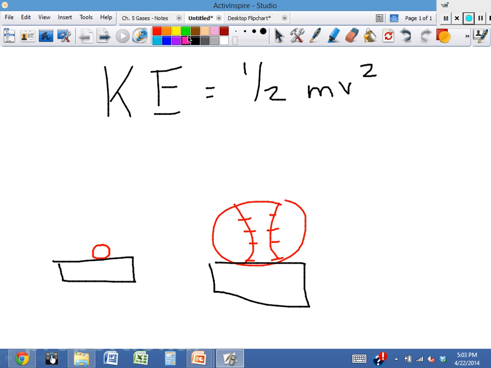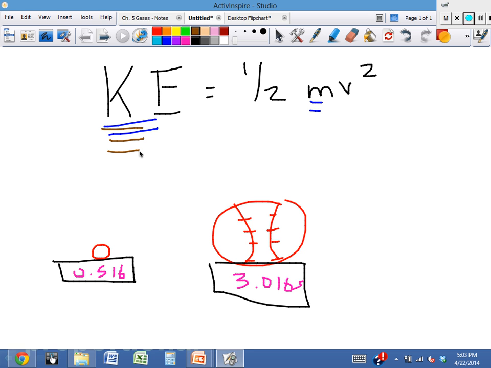And let's just say for fun that your baseball is 3 pounds. And again, I'm making things up. And your ping pong ball is 1/2 pound. We could agree that this is a decent approximation. So based on this formula, so far, our m value, our mass value, is much greater for our baseball. So what you're going to want to think is, oh, well, if that's the case, then the baseball will have higher energy.